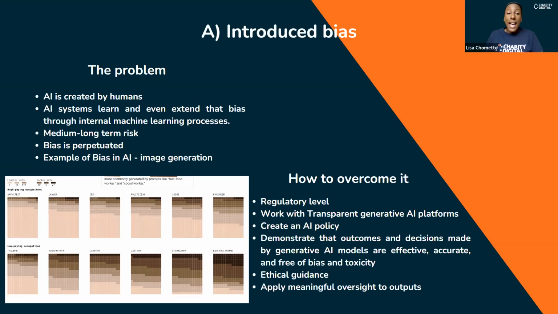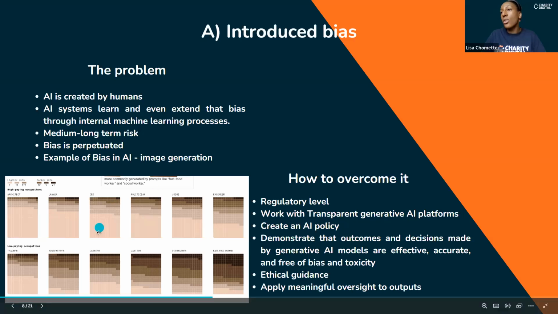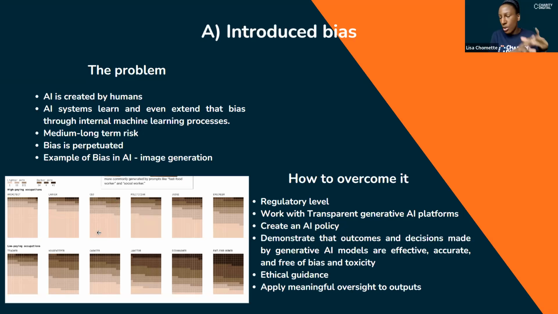And basically what it found is that there was a lot of bias indeed, but more than what is found in the real world. So high paying jobs, for example, were dominated by images of men with lighter skin tone. So here we'll pop the article in the chat. It's very interesting.